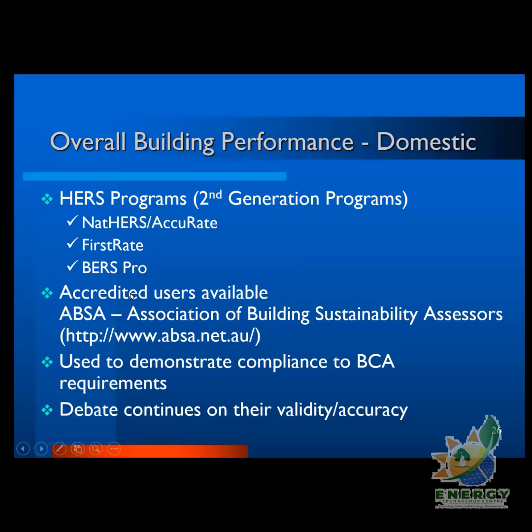These are some examples of how you can use existing performance rating systems, examples of rating systems that you can use to differentiate between buildings. Accredited users of these are normally the Association of Building Sustainability Assessors, and they are used to demonstrate compliance to building codes, Australia requirement, and debate continues on their validity and accuracy.